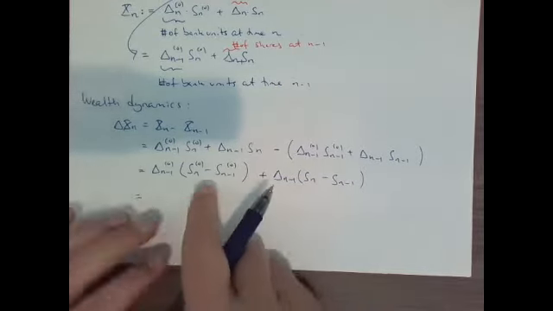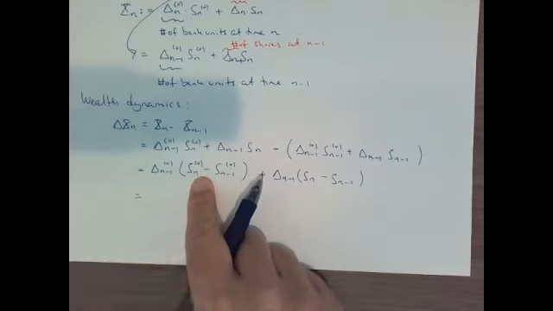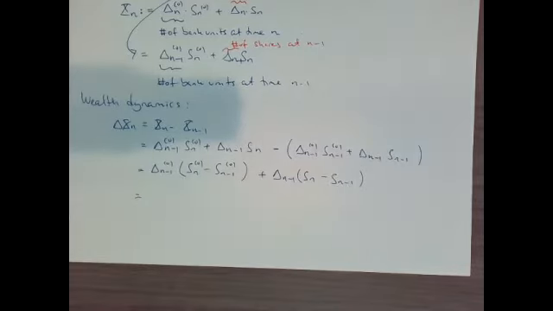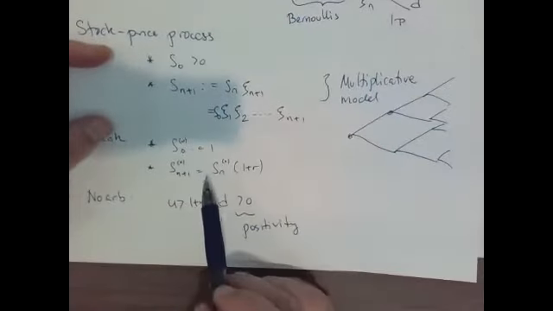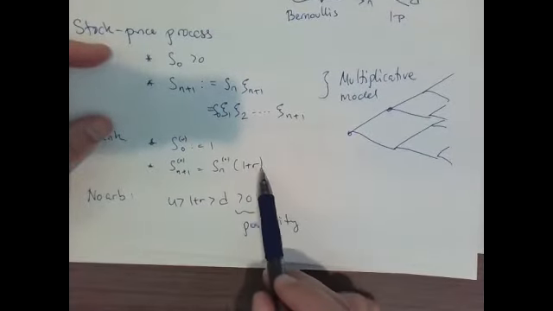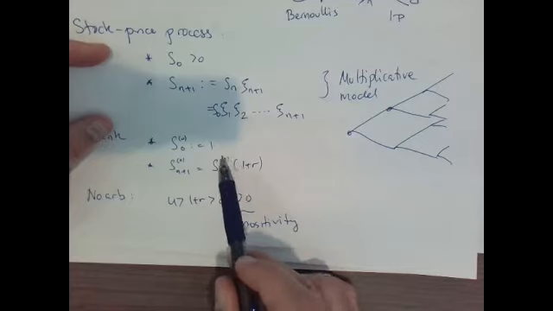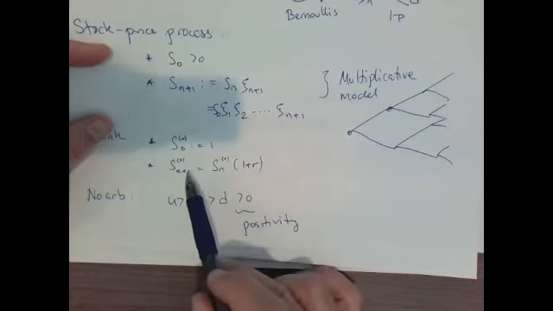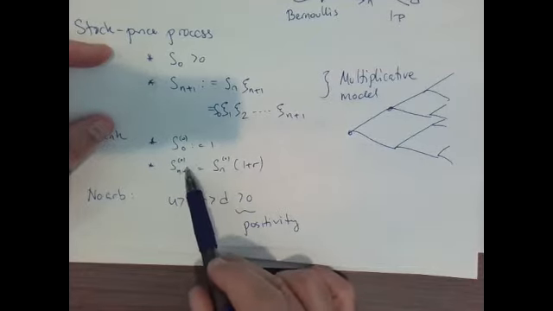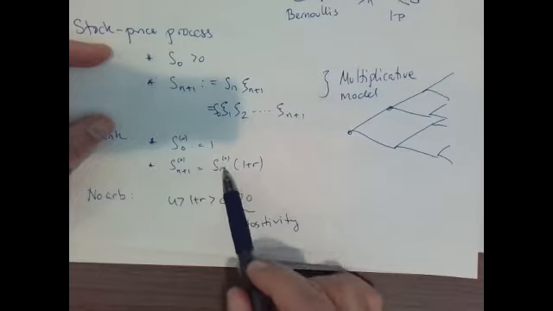Then, what do I have here? Well, now I'm going to use the definition of what it means to have a multi-period binomial model. Let me just bring up that slide. Bank account, right? That's the one with 1 plus r. So if I move Sn 0 to the other side, I get that the change in the bank account is equal to Sn 0 times r.